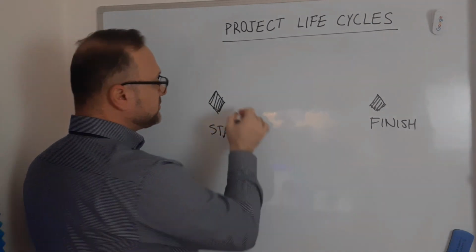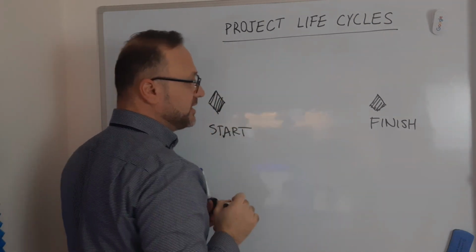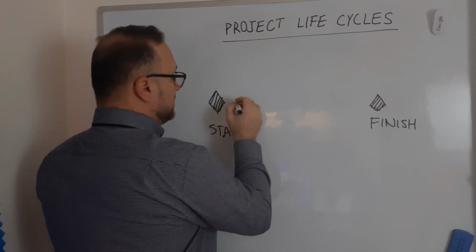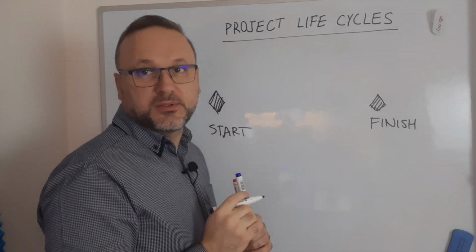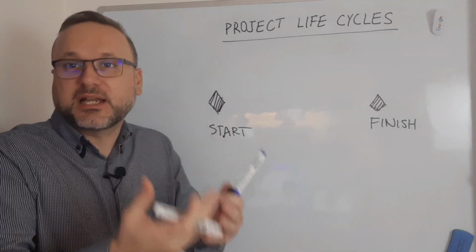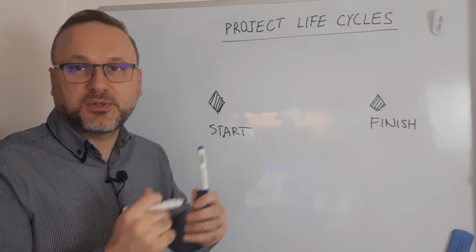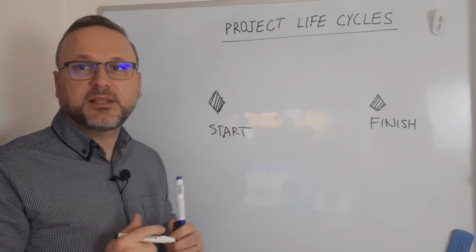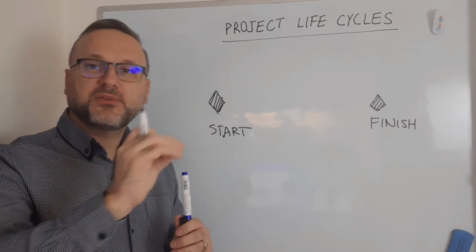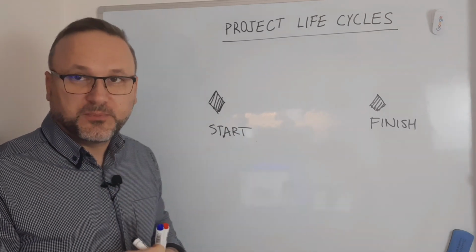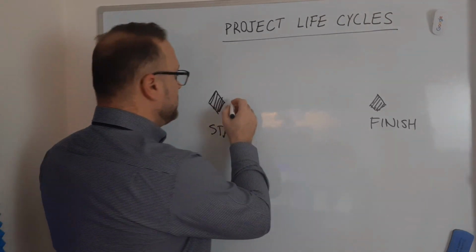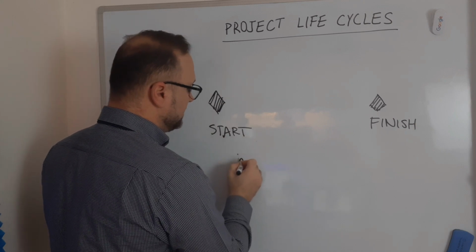So in the project life cycle, we have the initiating process group. First, to start the project, you need to initiate the project. We will discuss the details of the initiating process group in other videos.